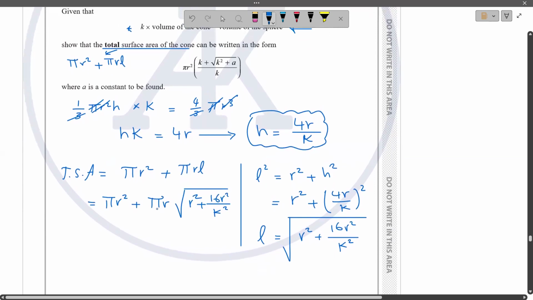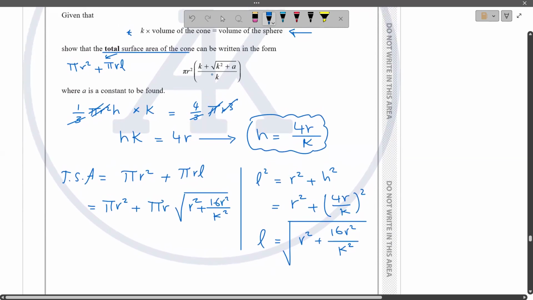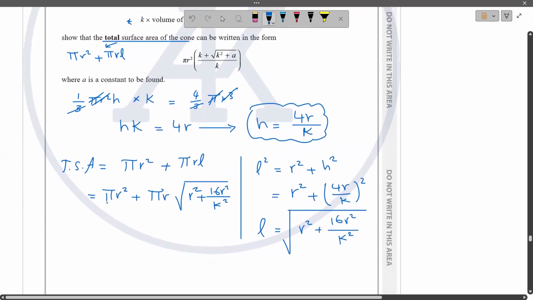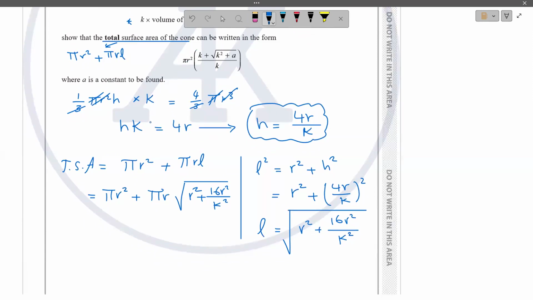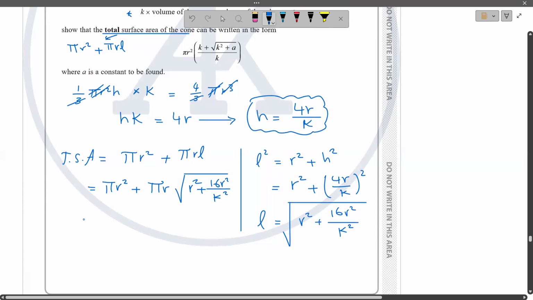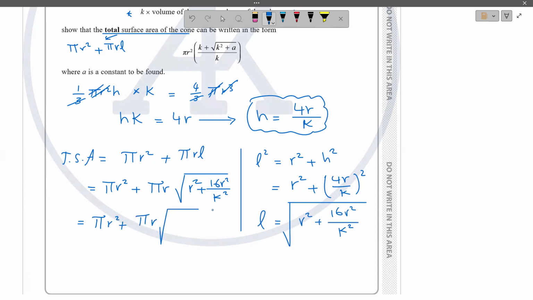And we need to write it in this form. So I have pi r squared here, pi r here. We can take pi r as a common factor, but here it's pi r squared as the common factor. So I think we need to take another r out of this square root. How to take it? We can factorize under the square root, take r squared as a common factor, leaving 1 plus 16 over k squared.